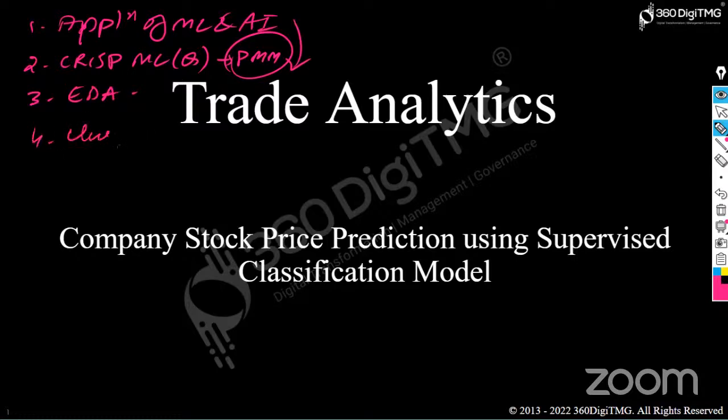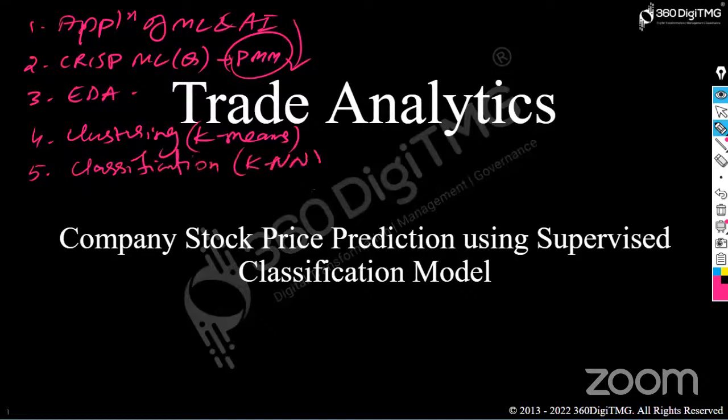Next we saw the clustering algorithm, that is the k-means algorithm. Then we came across a classification model, KNN. Then we started understanding the regression model, where we used the linear regression model, and that we saw yesterday.